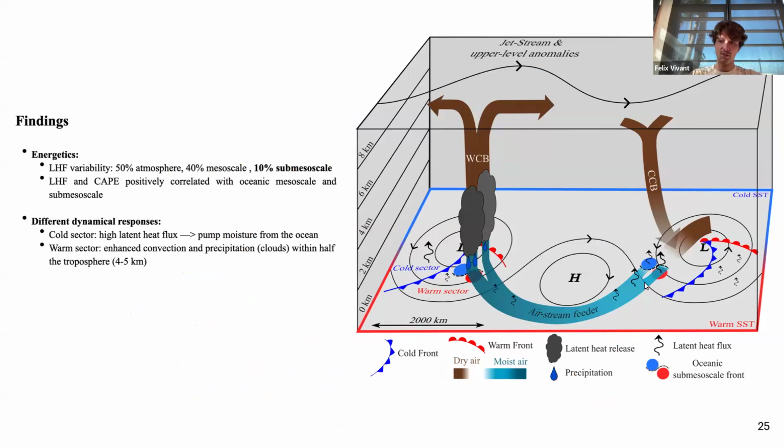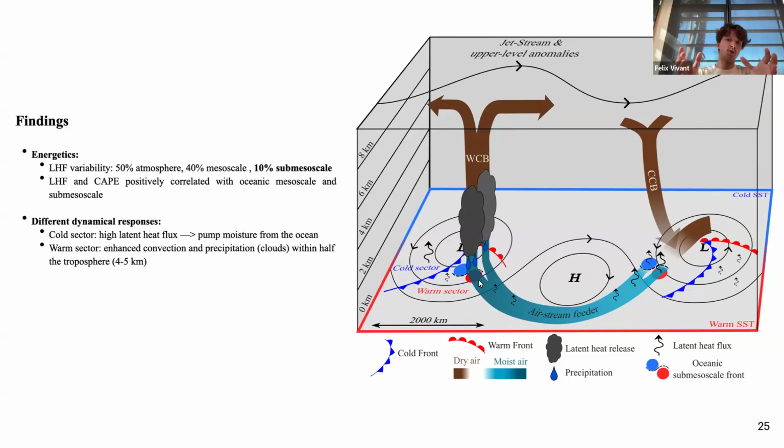As you can see on this schematic, the cold sector mostly participates to pump moisture because of high SST contrast and so high fluxes. And in the warm sector, even though the latent heat fluxes are weaker, the surface wind convergence and the moisture flux convergence at the surface is able to amplify convective activity, so cloud formation and precipitation.